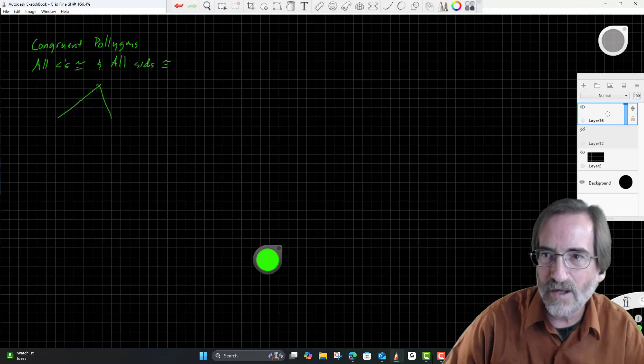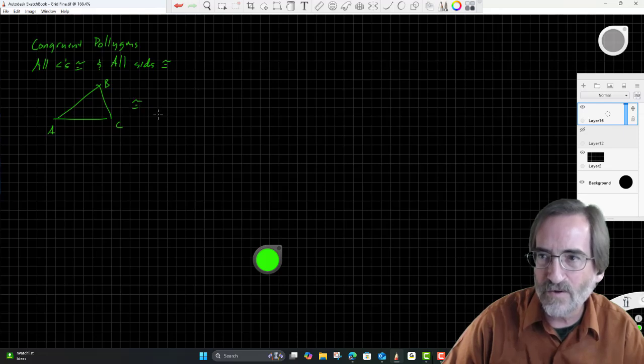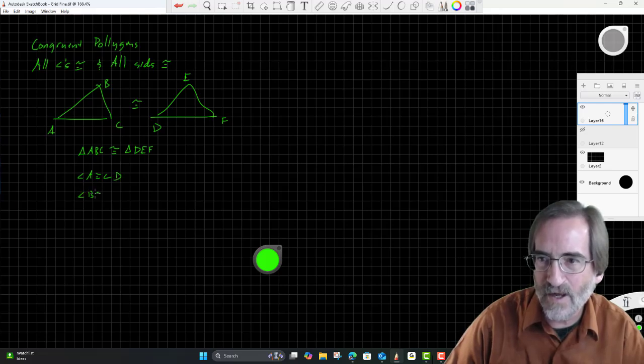Okay, so if triangle ABC is congruent to triangle DEF, what I am saying is that angle A is congruent to angle D, angle B is congruent to angle E, and angle C is congruent to angle F. Side AB is congruent to side DE.